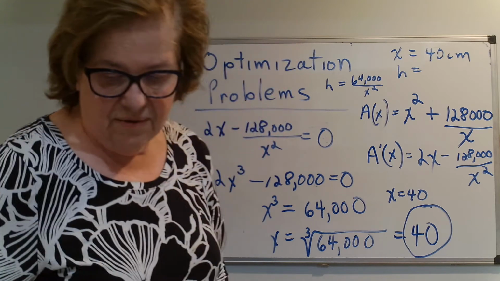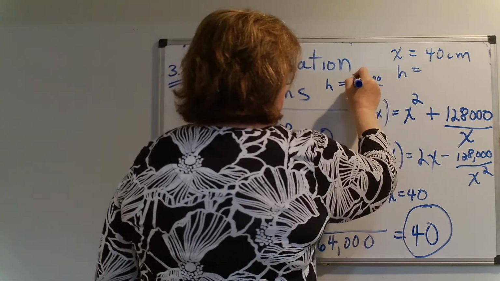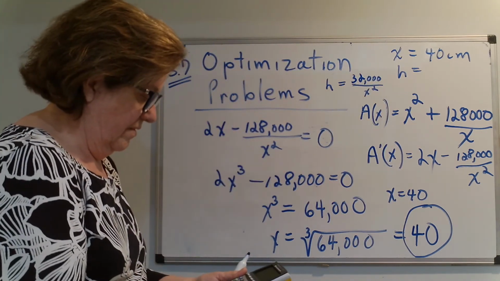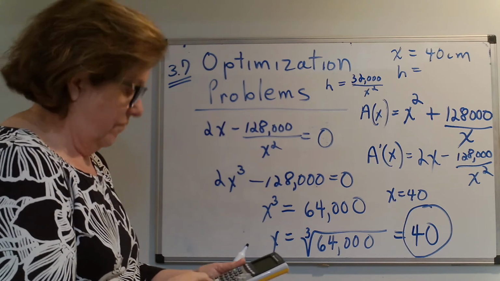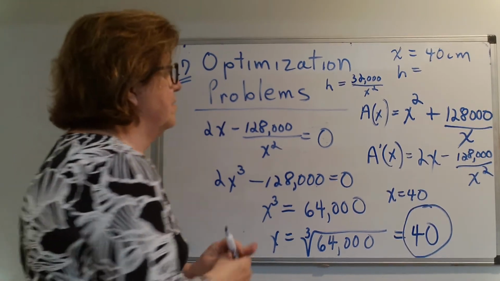It's 32,000, sorry. So if the height is 32,000 over 40 squared, the height would be 20 centimeters.